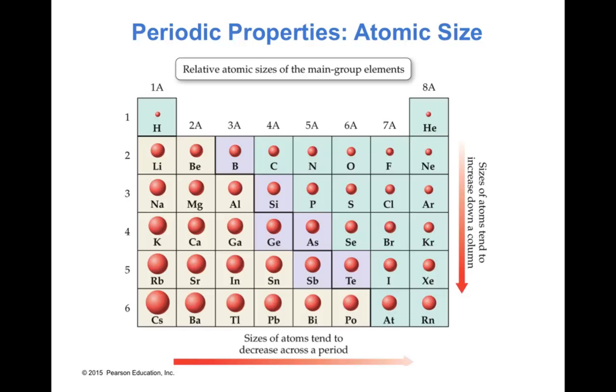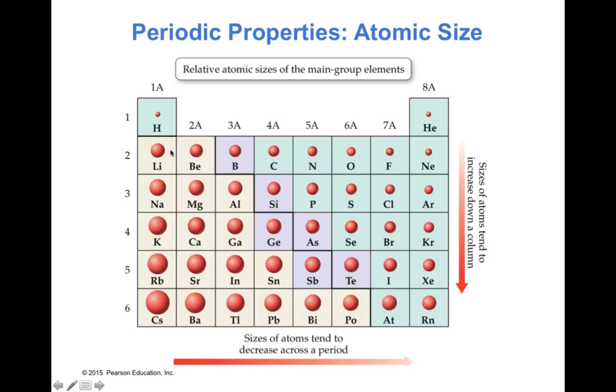So here we have basically a representation of that periodic property of the atomic size. Going from left to right, the atomic size is decreasing because here we have the same principal number, number two, and as you go from left to right, the number of protons in the nucleus is increasing. So you're increasing that positive charge in the nuclei.